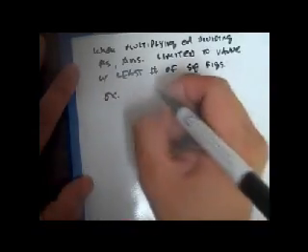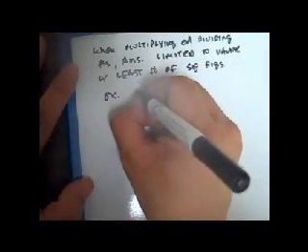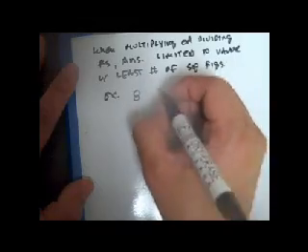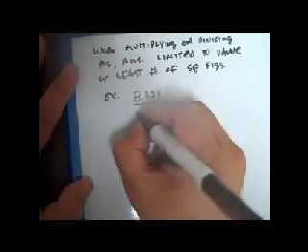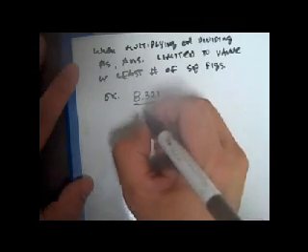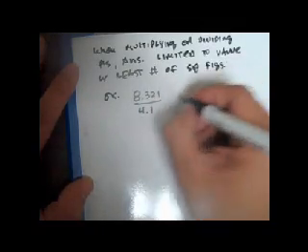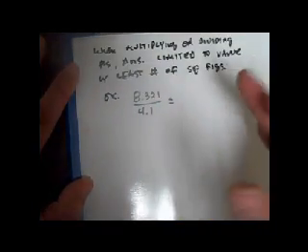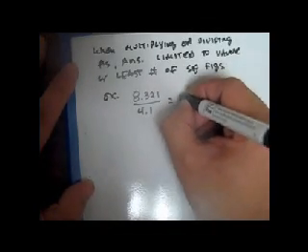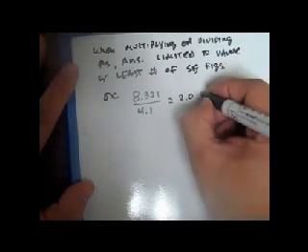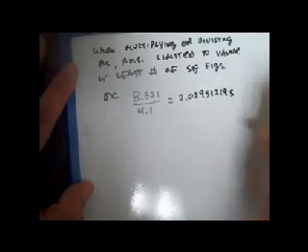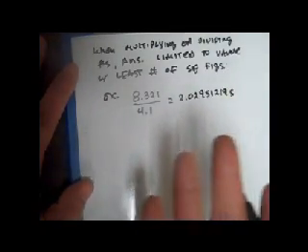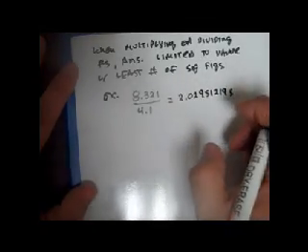Okay. Example. Let's say we have a division here, 8.321 divided by 4.1. Now, if you were to plug this into your calculator, it will spit out 2.0295 12195. Is that the correct way to report this number?